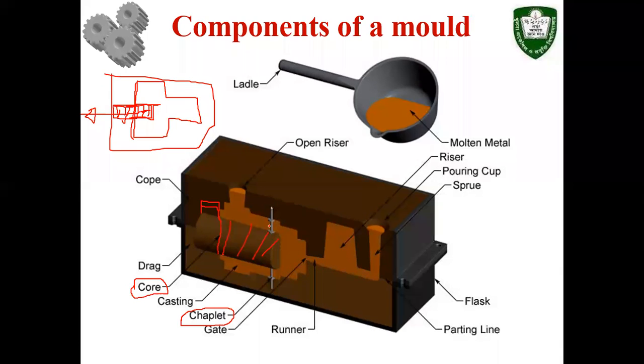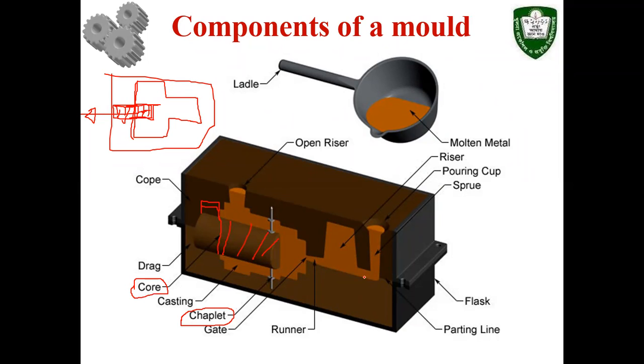It just needs to stabilize the core. That is why it has a very small dimension, as well as being made of the same material, so that the materials can interact with each other, and they also stick to the base material. After that, you remove the core, and cores are usually made of sand. They can be broken easily.